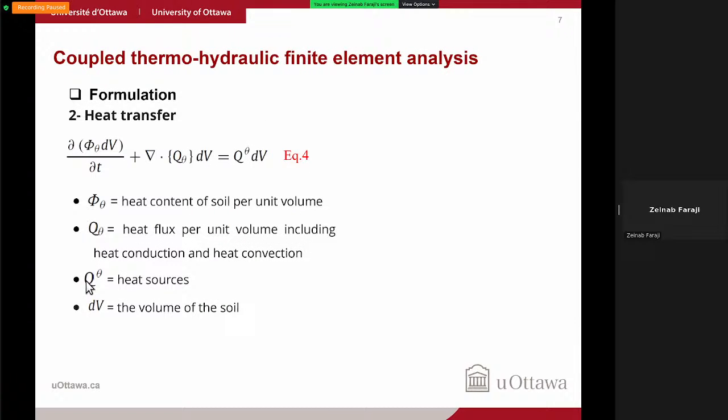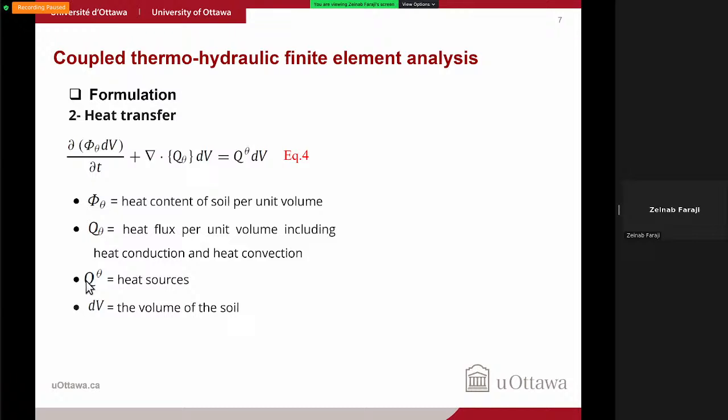As I mentioned before, this is a coupled thermohydraulic problem, so we need to govern both the pore fluid flow formulation as well as heat transfer.